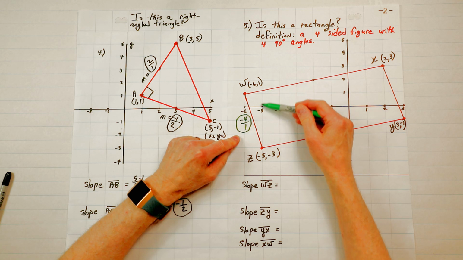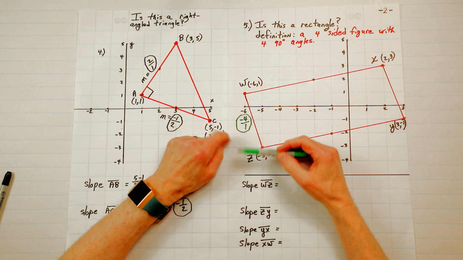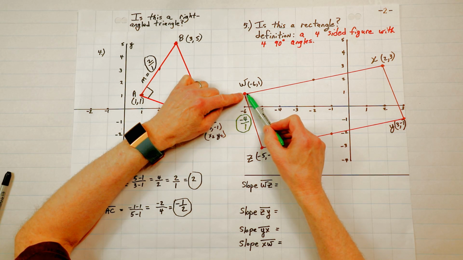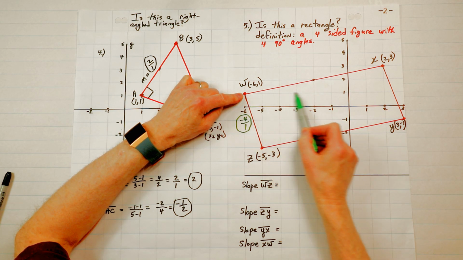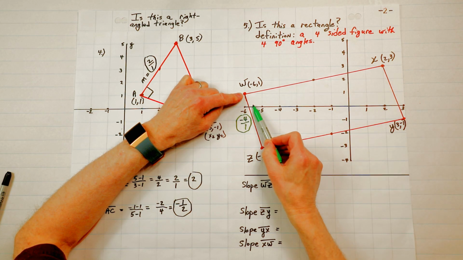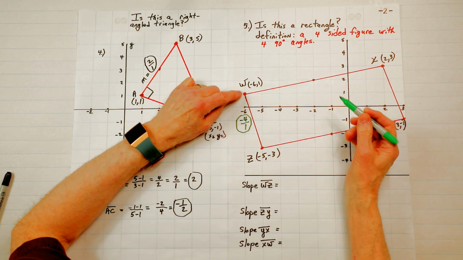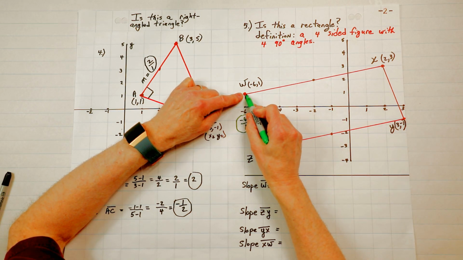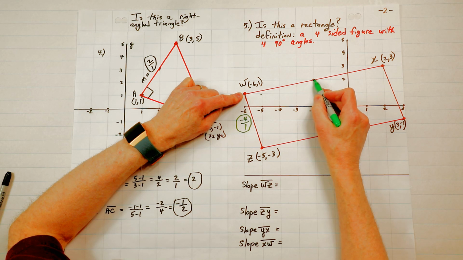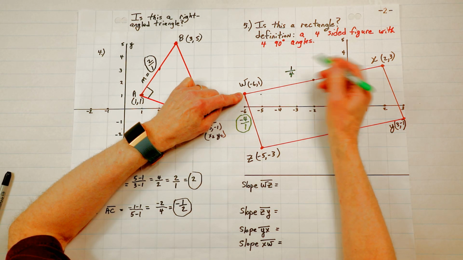For this one, we can just do these four, and it's the same from here to here as it is from W to this point. I didn't name this point. Not necessary. Okay, so let's count spaces. 1, 2, 3, 4. 4 to the right and 1 up. Rise is 1. Run is 4.